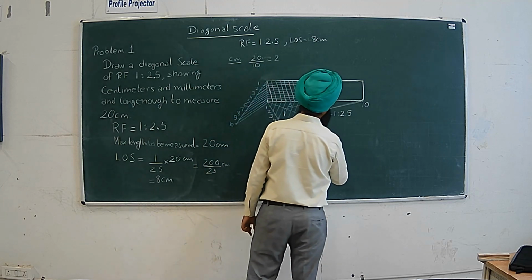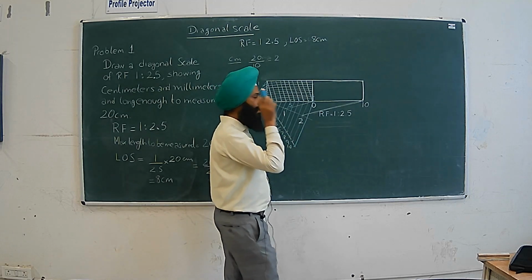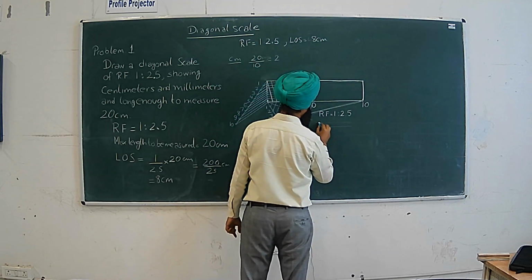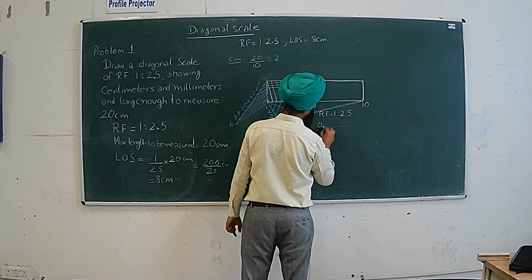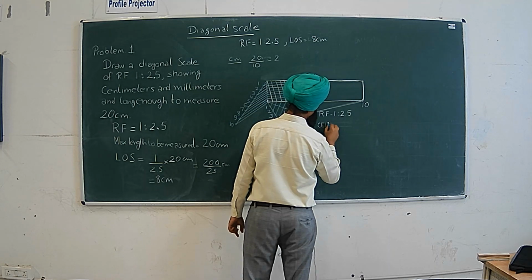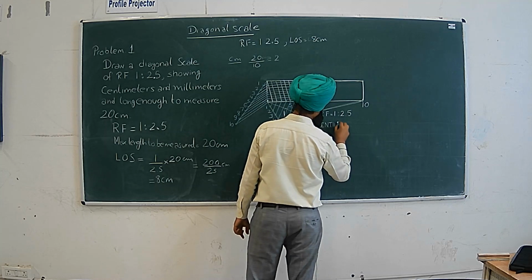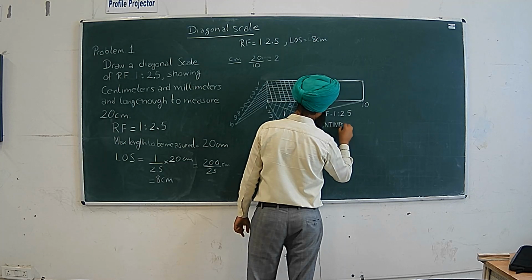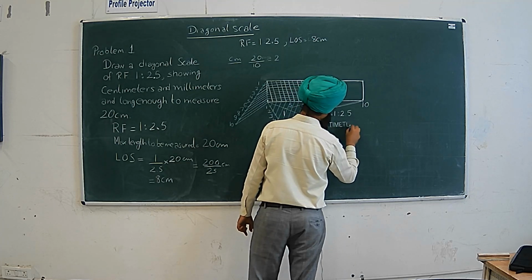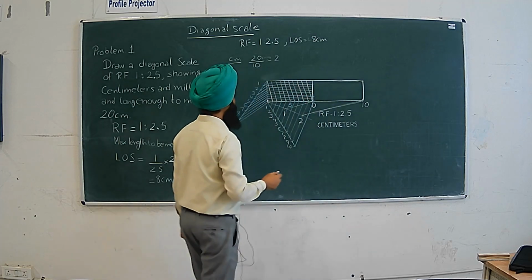For example, if I want to write now the units, centimeters, I will draw the guidelines and use capital letters to write centimeters.